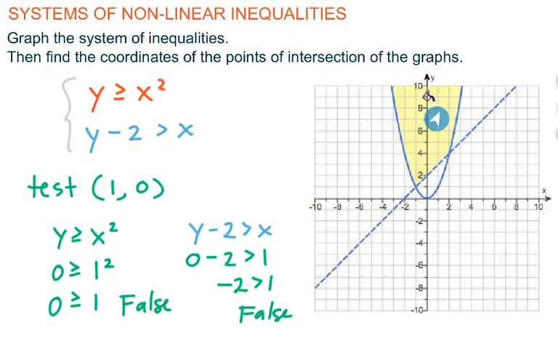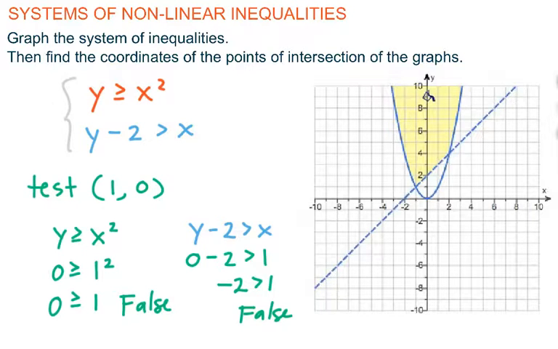So that means that if I choose any point in this yellow region or on the boundary of this parabola, but not on this line, anywhere in the yellow or on the solid line, that ordered pair would be true in both of these inequalities simultaneously.